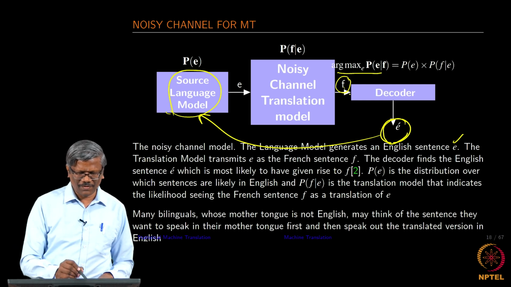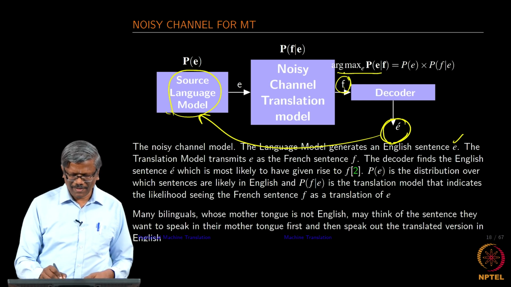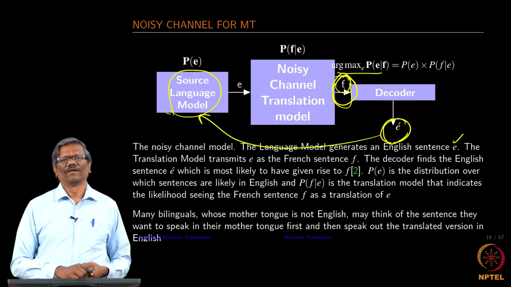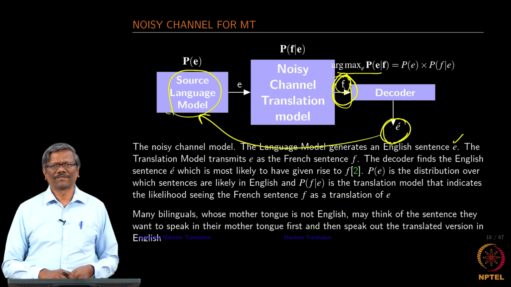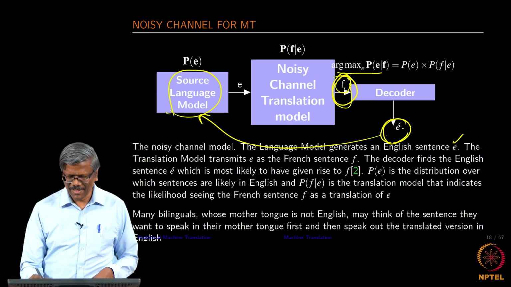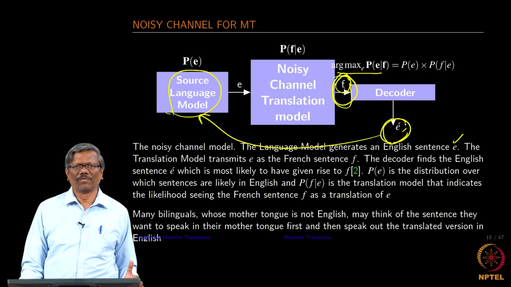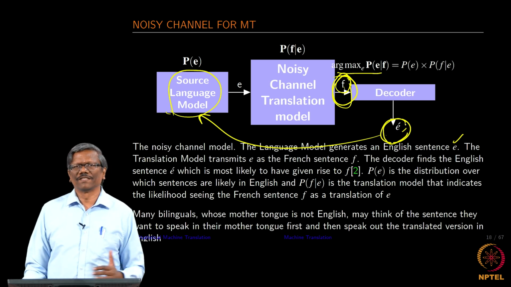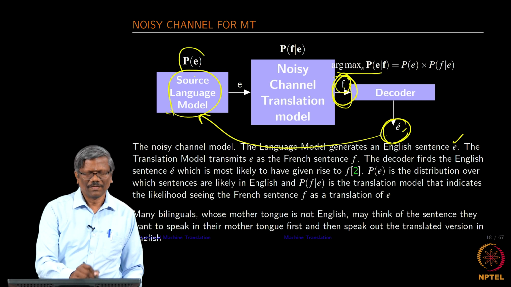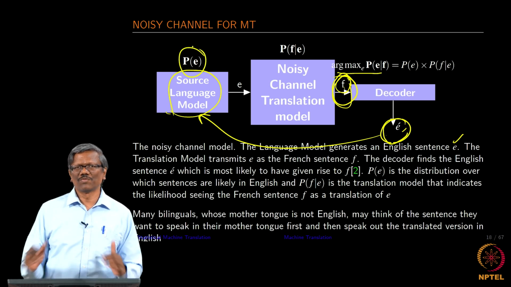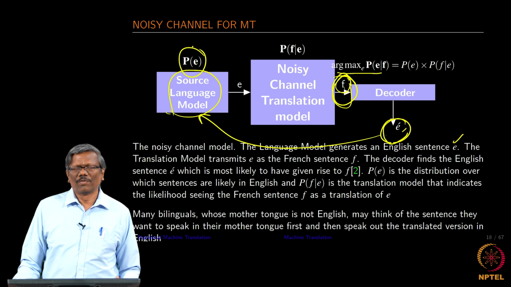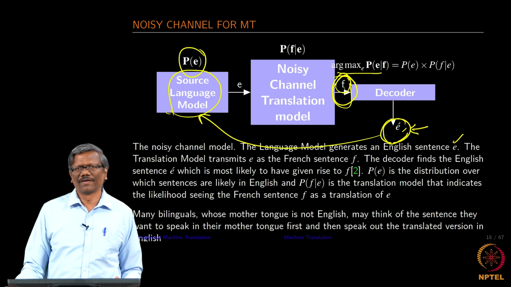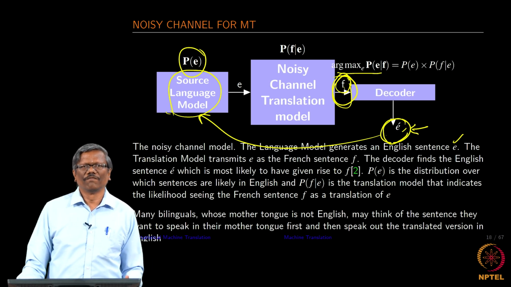We want to estimate what really created this F. So, we want to estimate the source using the output that was generated, estimate to a certain level of probability, and then see how close we can match with the language model that we had used. Because the language model gives us the probability of the sentence that is created here. If the sentence is not in the right order, then the probability is going to be very low.